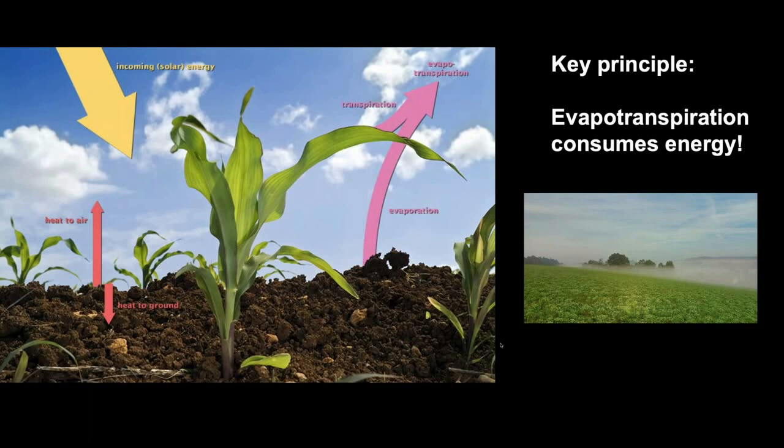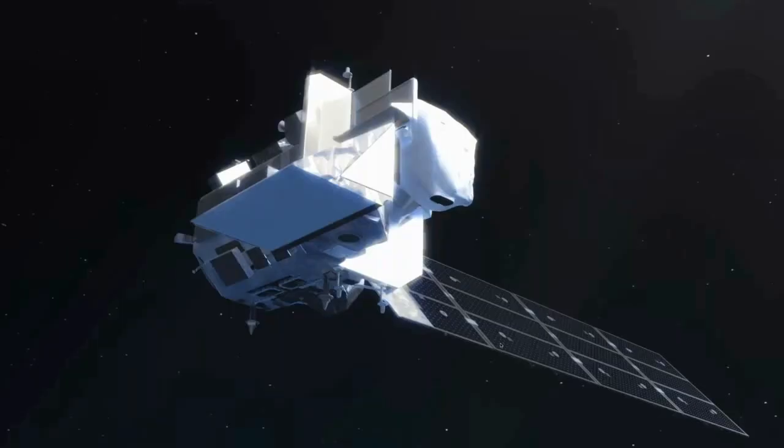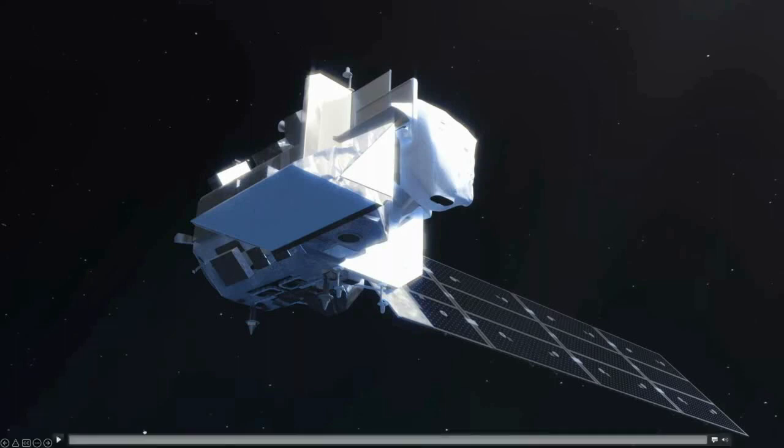And the way that shows up in satellite data is that areas with higher rates of evapotranspiration, I mean there's more energy being consumed, are going to appear cooler in the satellite imagery. And conversely, areas with less evapotranspiration are going to appear warmer. And we can measure that with a thermal infrared sensor on Landsat.